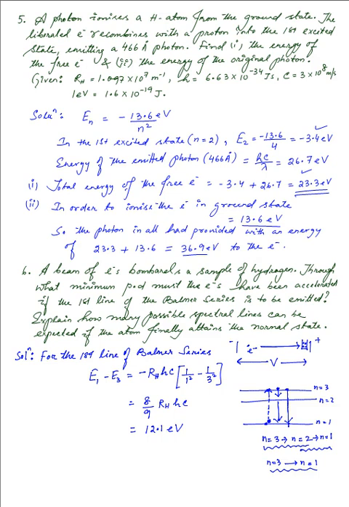Because this is the amount of energy that the electron must possess, the electron must be accelerated through a potential difference which is numerically equal to the energy obtained in electron volts, and that is 12.1 volts, because one electron will possess an energy equal to charge multiplied with the voltage.